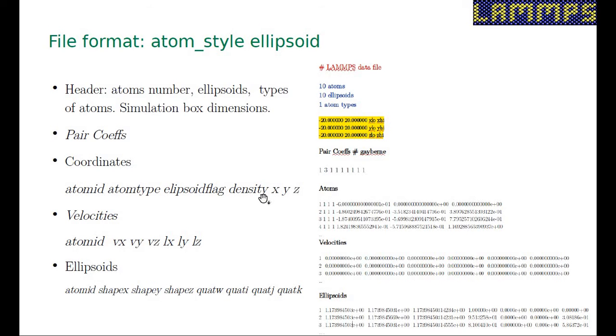After specifying the density, the Cartesian coordinates are written. Velocities. In this section, we must specify the atom ID of the particle and then the Cartesian components of the velocity, followed by the angular components of the velocity.